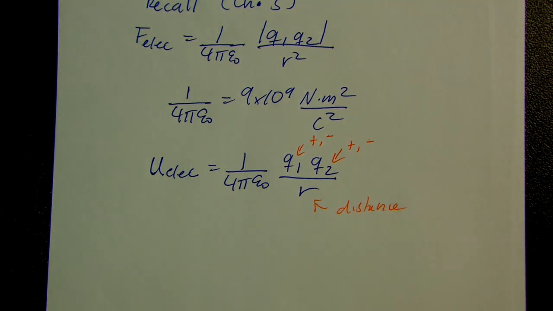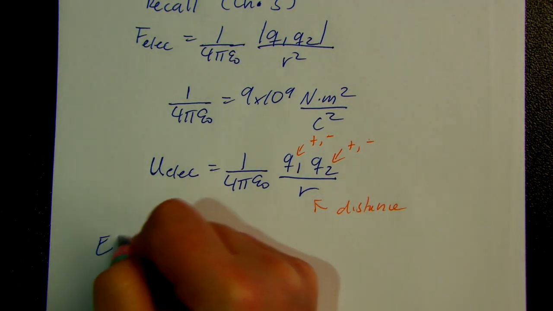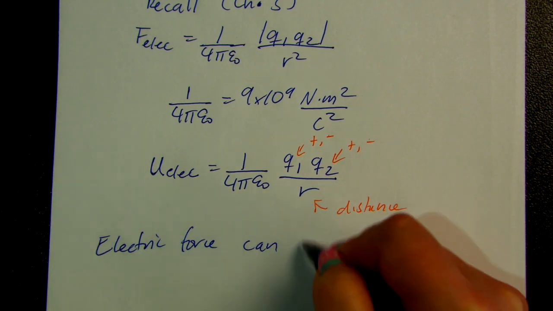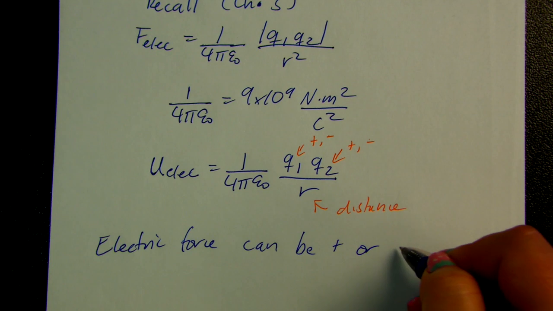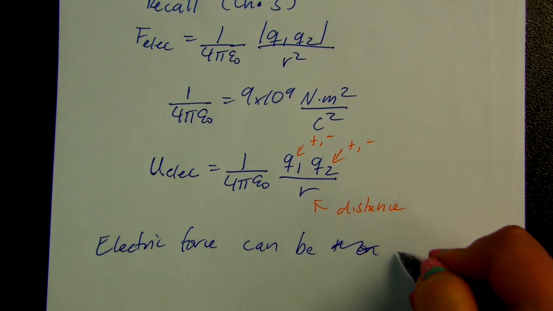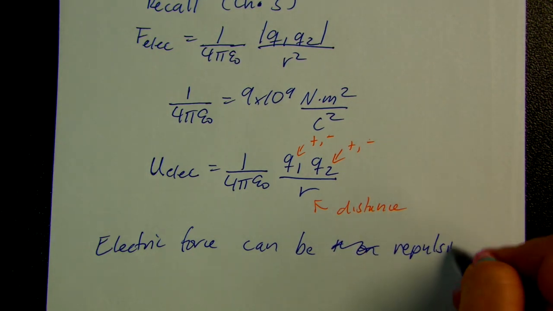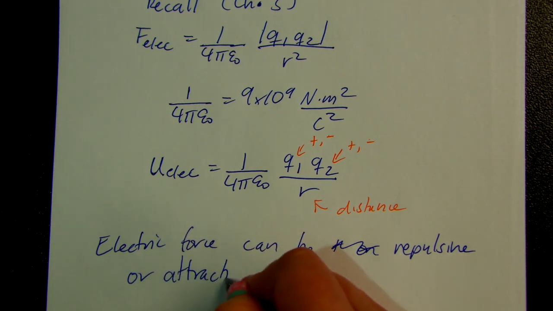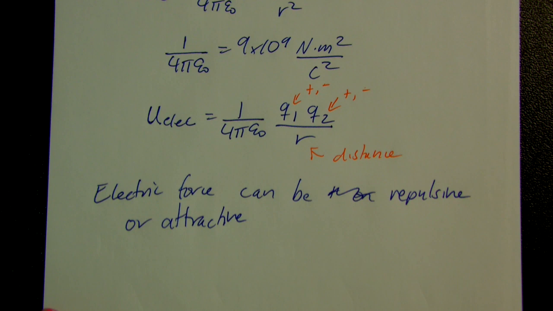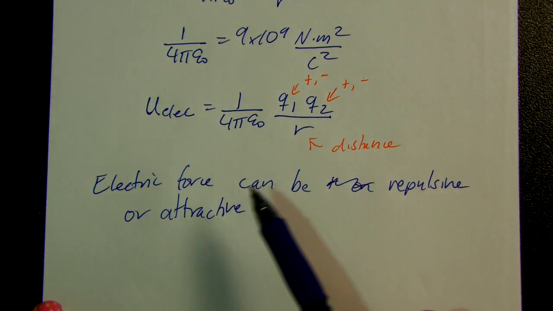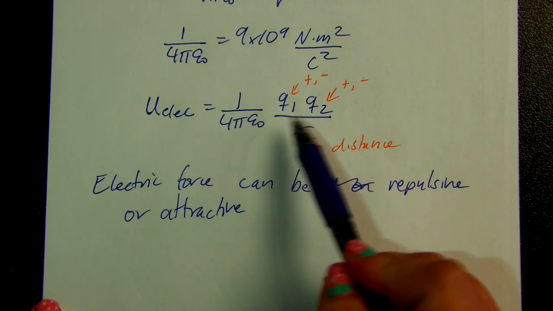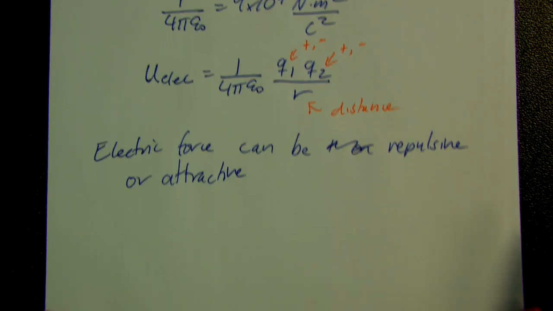Now remember, electric force can be repulsive or attractive. Gravity is only attractive, and so there's no minus sign in this equation because the sign is going to be dictated by the charges.